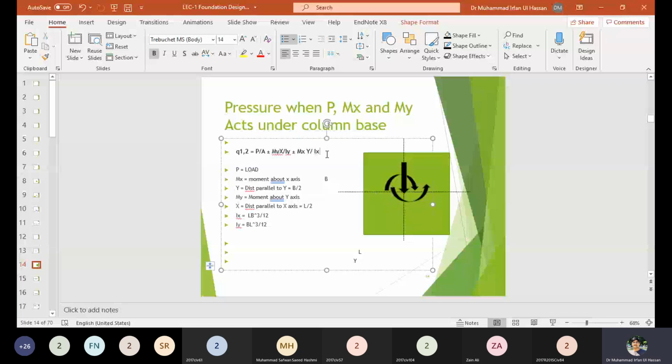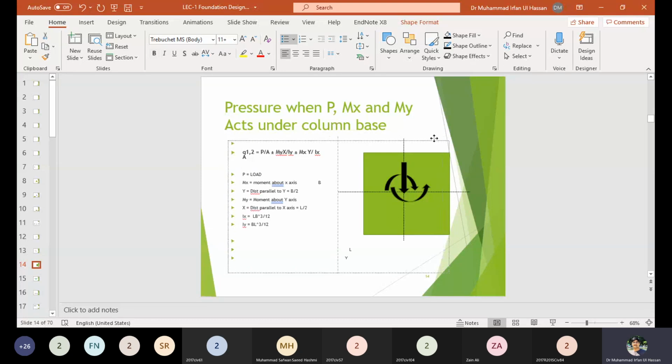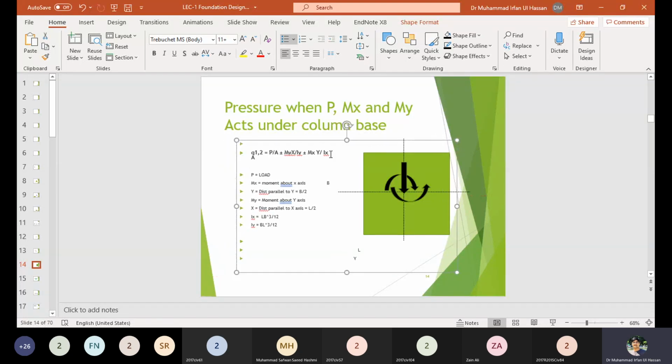For example if your point is, let's say, this corner, ये अगर कॉर्नर आपका पॉइंट है A पॉइंट, then what will be the effect of that A point.